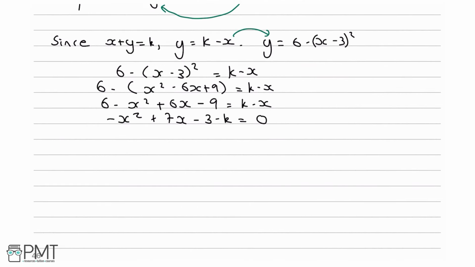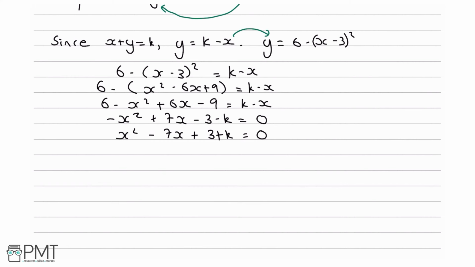To just make this nicer to work with, we will say x squared minus 7x plus 3 plus k equals 0, so we multiply everything by minus 1. Okay? Now, because we are looking for the limit, so like the final point, we need to find at what k value there is only one point of intersection. Okay?